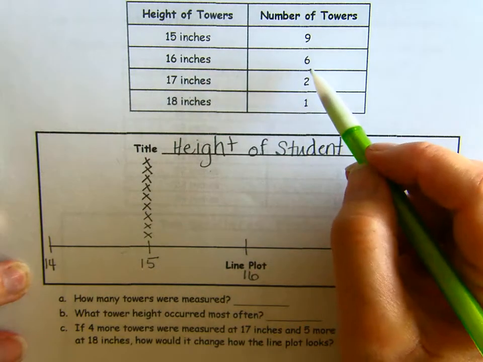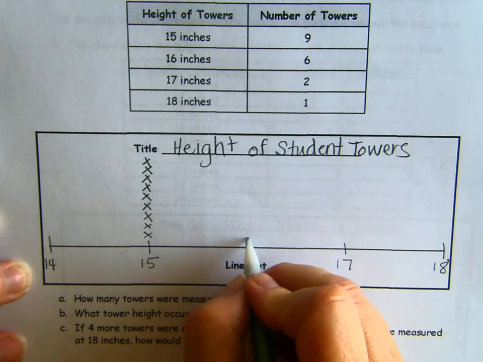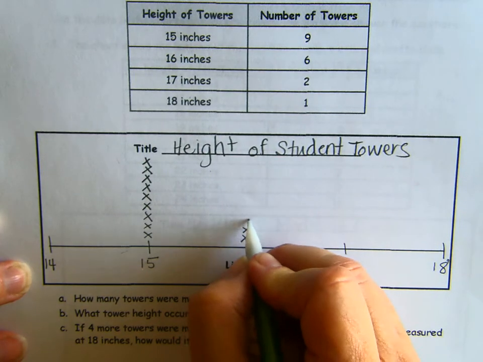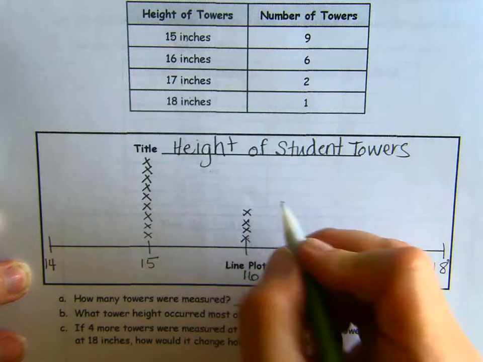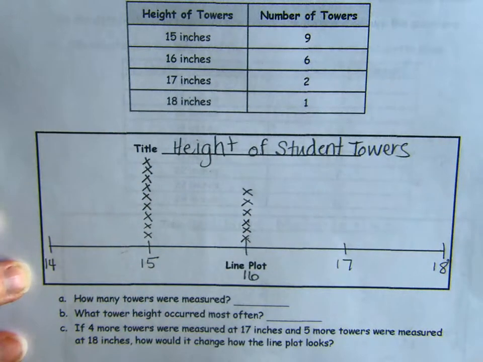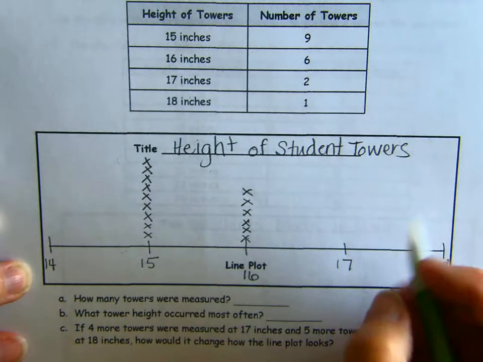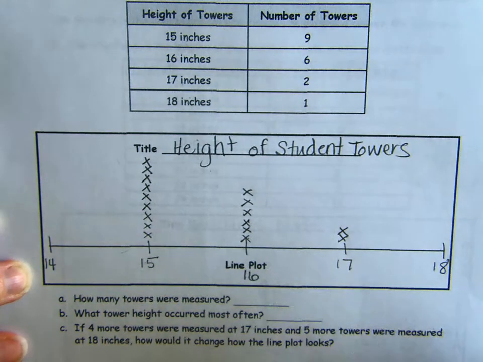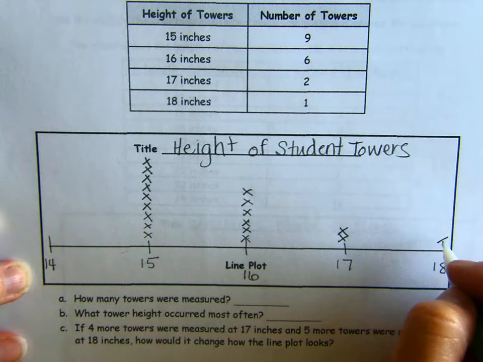16 inches, there were 6. So 1, 2, 3, 4, 5, 6. 17 inches, wow, only 2. And at 18 inches, there was only one.